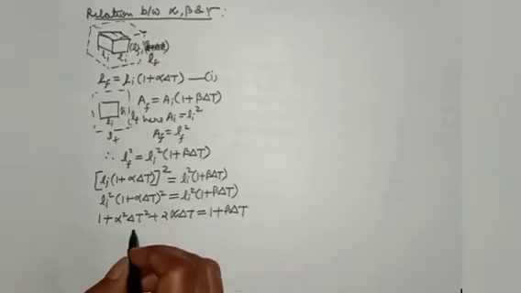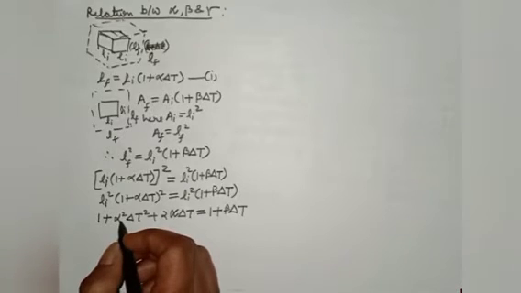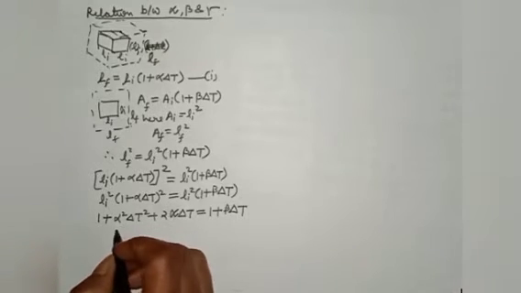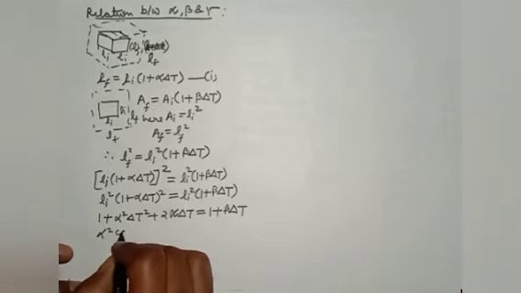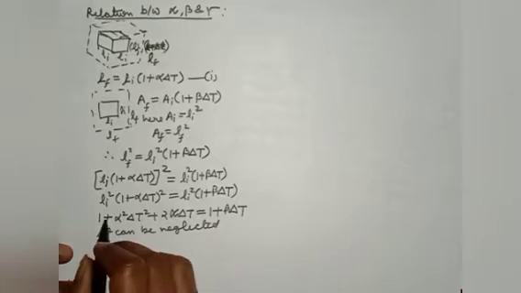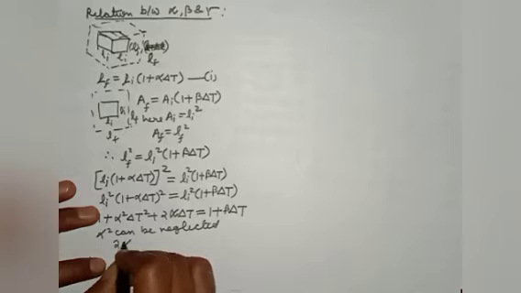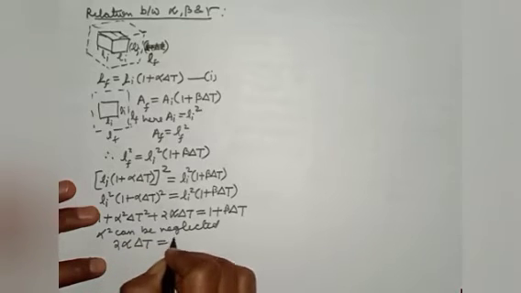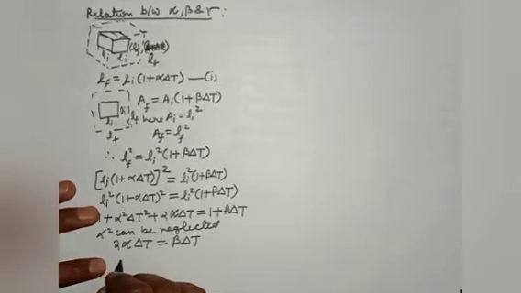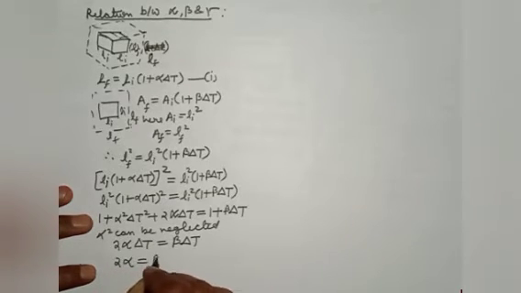And see one more thing, this alpha already has a very small value. The order of alpha is about 10 to the power minus 5, so its square will be vanishingly small. So alpha squared can be neglected. Now the 1 gets cancelled, alpha squared is neglected, so this much is left over. So we can say that 2 alpha is equal to beta.